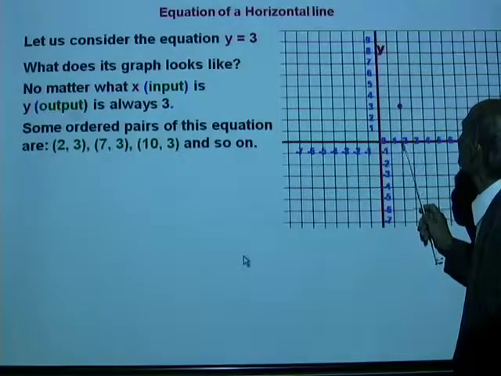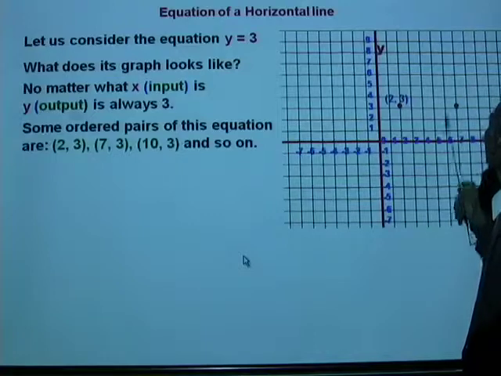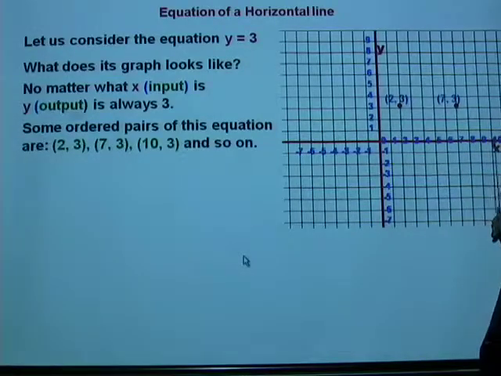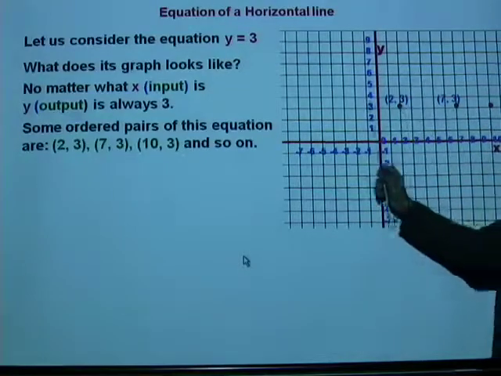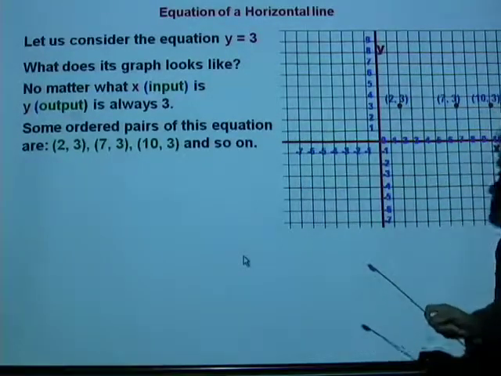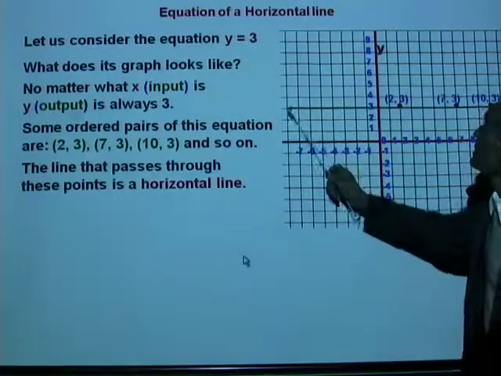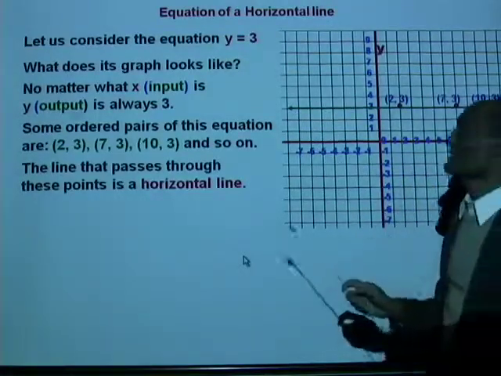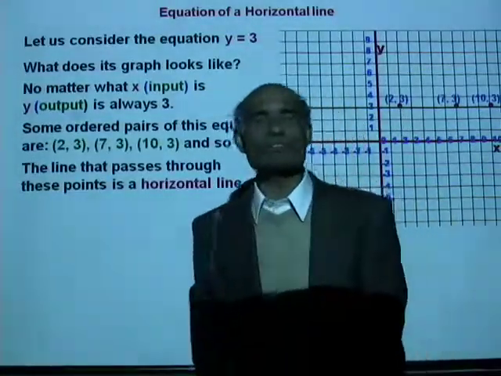You got input 2, output 3. Input 7, output 3. Input 10, output 3. All these points are on the same horizontal line. And there you have that horizontal line. So the line that passes through these points is a horizontal line.